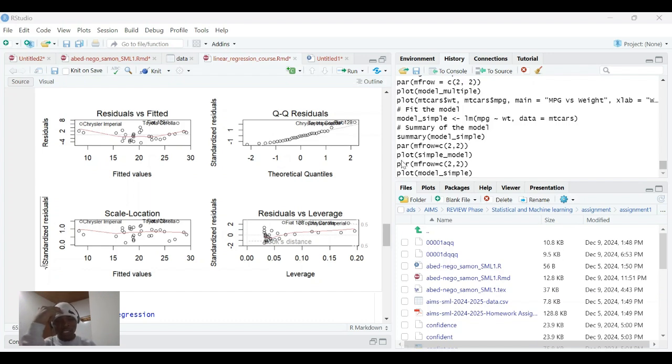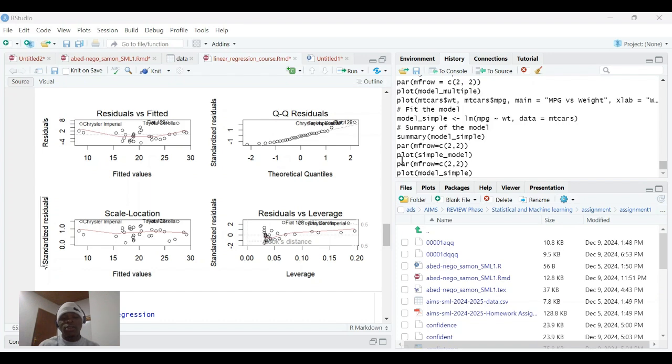The third one is to check the homoscedasticity, whether the variance of the residuals is constant. We can say yes if these points are well distributed uniformly around the horizontal line.